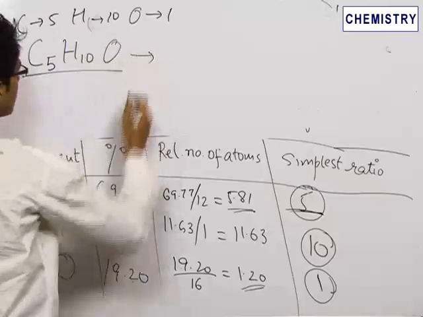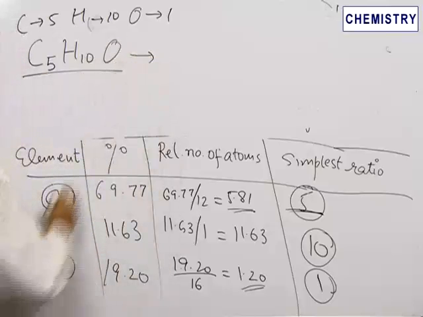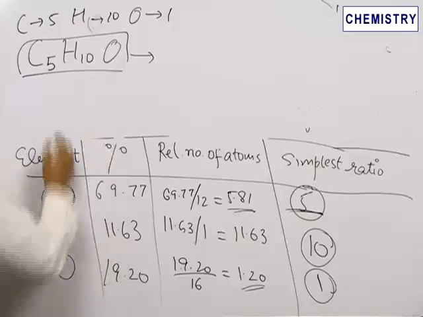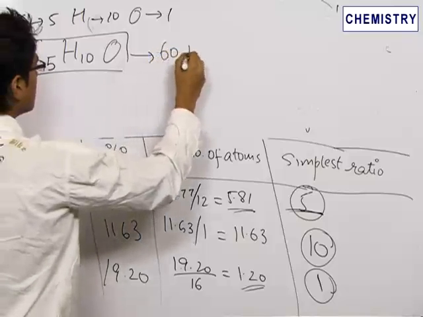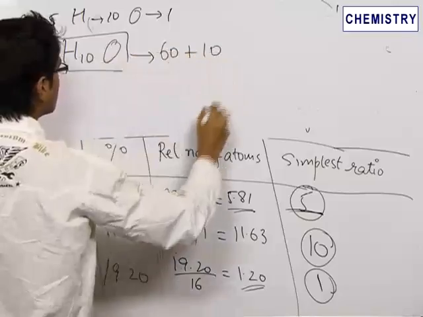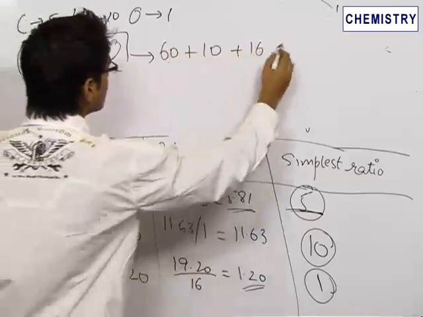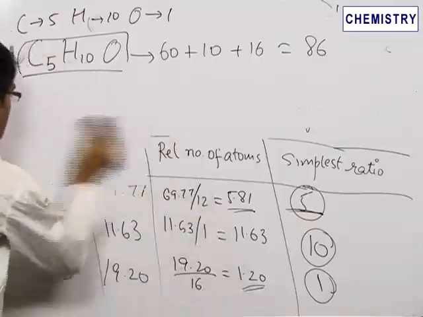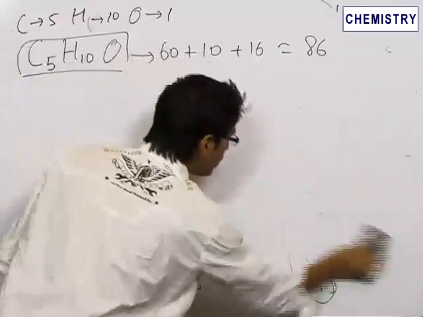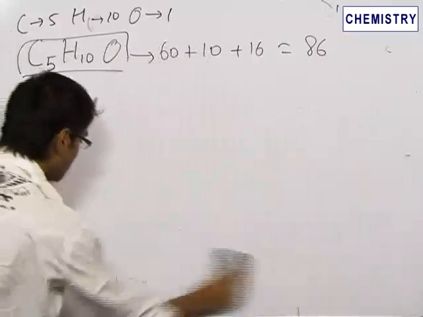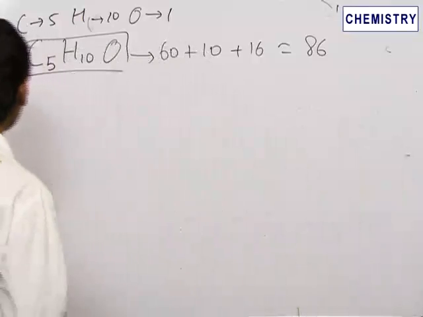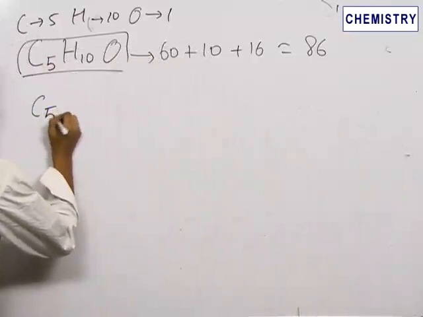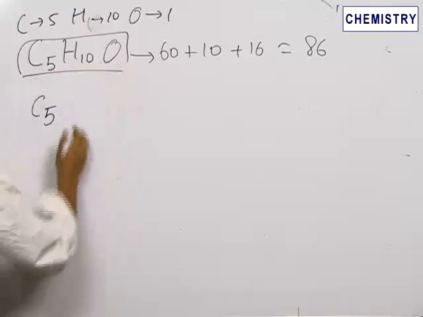Now we are trying to find out the empirical mass of this compound. The empirical mass is 12 into 5, 60, plus 10 into 1, plus 16 into 1. So this comes out to be 86. And we are given that the molecular mass of the given compound is also 86. This is the empirical formula of the compound.